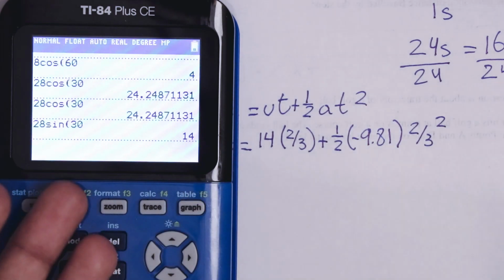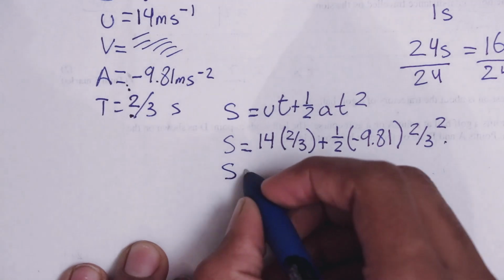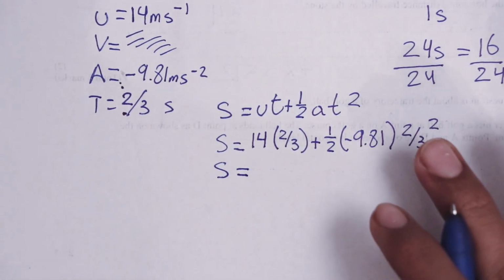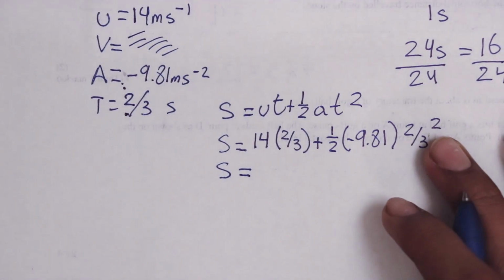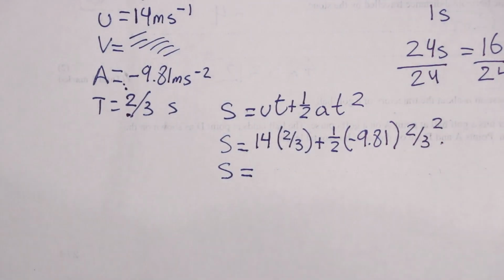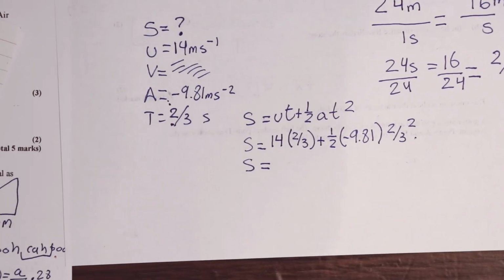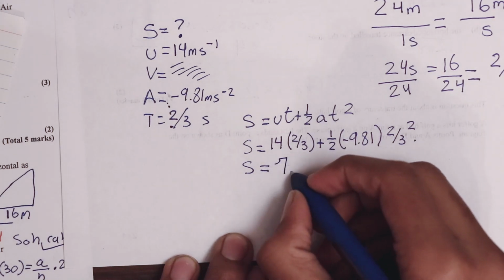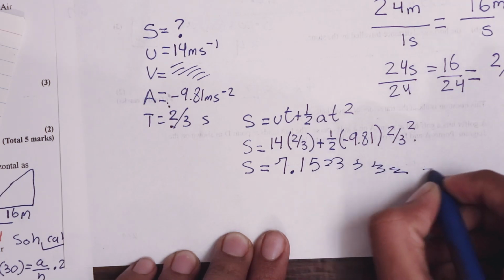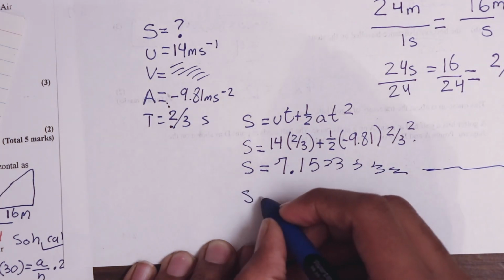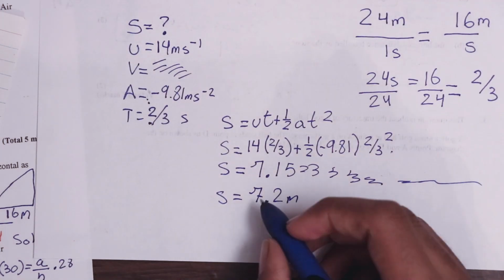Math be like, okay, I'll just tell you the answer. If you do all of this, your answer will come out, I promise you. If your calculator is not a potato like mine is, I promise that you will get the maximum height of the wall, which is 7.153333, rounding to 2 significant figures, 7.2 meters.